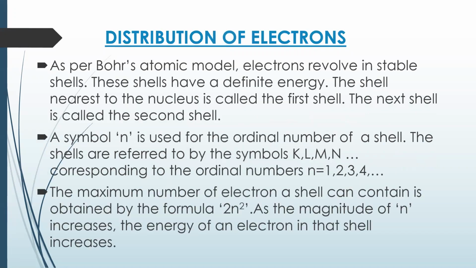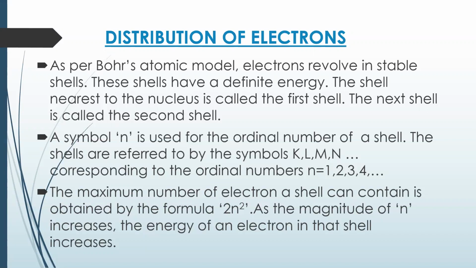Next topic is distribution of electrons. As per Bohr's atomic model, electrons revolve in stable shells. These shells have a definite energy. The shell nearest to the nucleus is called the first shell. The next shell is called the second shell. Symbol n is used for the ordinal number of a shell.